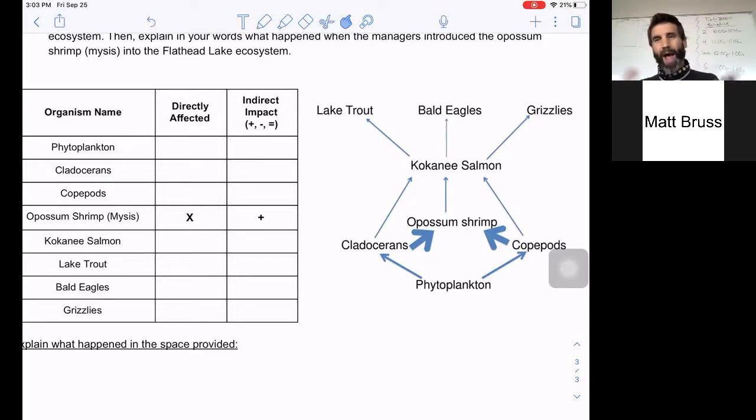Well, why did this work in this other lake, right? This all started because these fishery managers had seen in this other lake that it worked. Well, in that other lake, the contours of the lake were different, such that there was a really shallow area of the lake that the wind sort of blew organisms into.